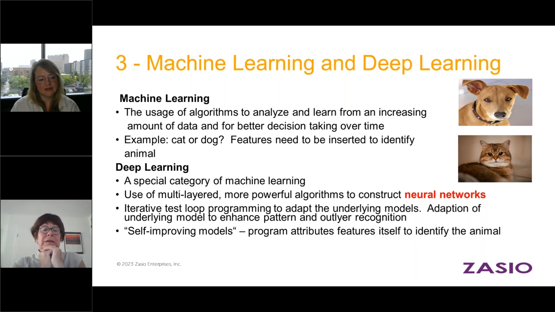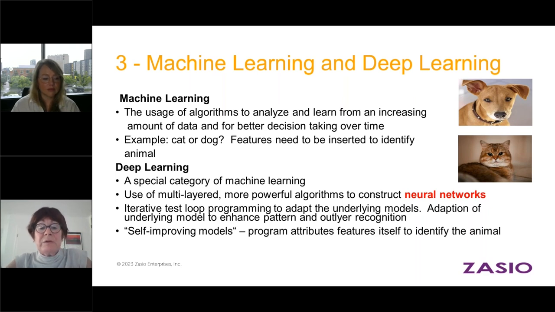Deep learning is a special category of machine learning, and it uses a multi-layered, more powerful, self-improving algorithm to construct neural networks. It uses test loop programming to adapt the underlying models and the adaptation to enhance the patterns and the outlier recognition. So basically, it learns, it trains itself, it enhances itself, it improves itself.